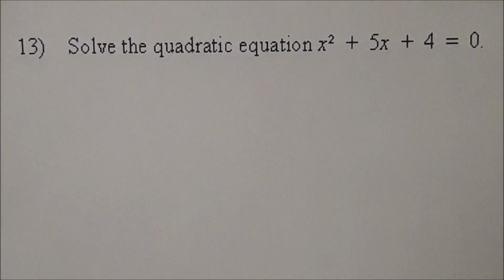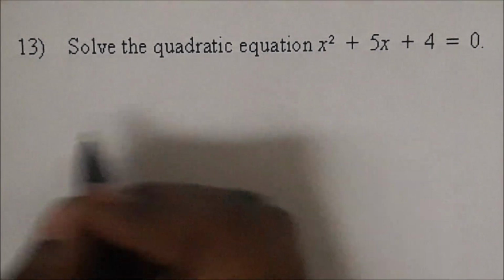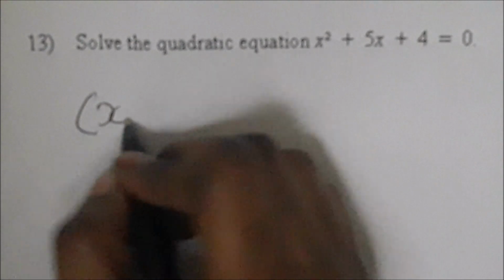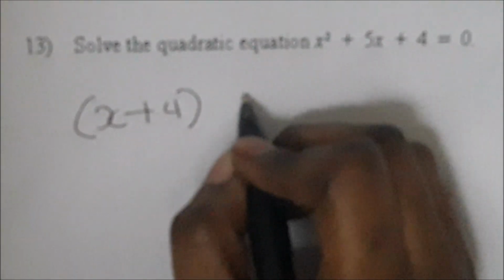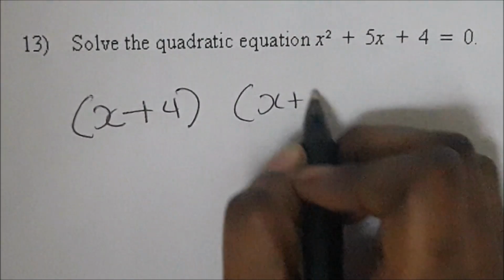Let's move on to number 13. Solve the quadratic equation x squared plus 5x plus 4 equals 0. Okay, go ahead. We ask ourselves, what two numbers will give us 5? In this case, 4 and 1. Correct. So we will write x plus 4 times x plus 1.